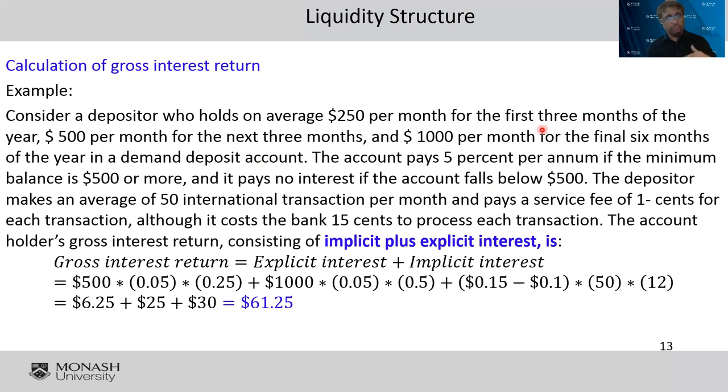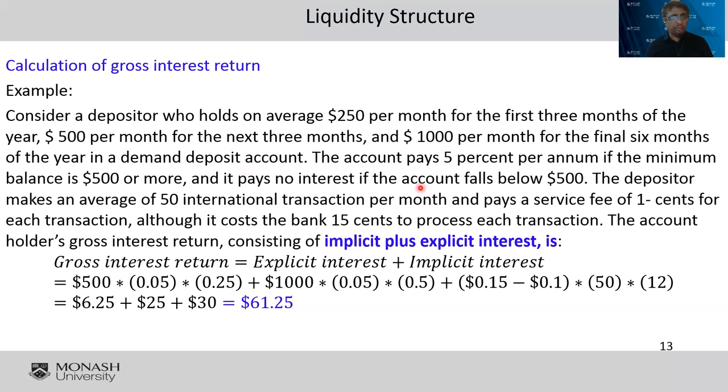This is 1 year. So the first 3 months, there was 250 in the account. There was 500 for the next 3 months. And then there was 1,000 for the next 6 months. So we are talking about 1 year with all these different averages.